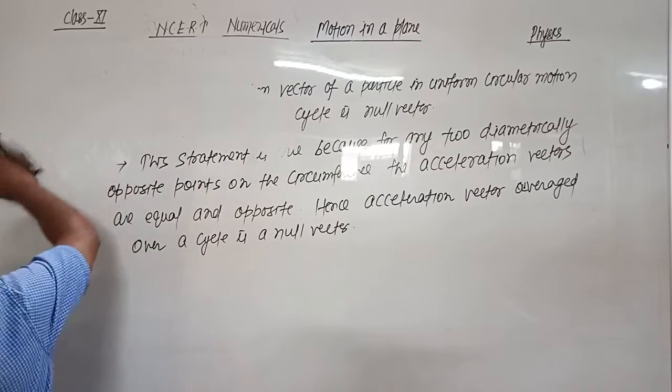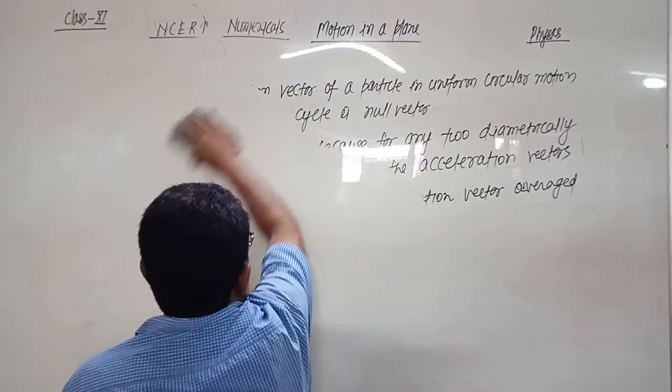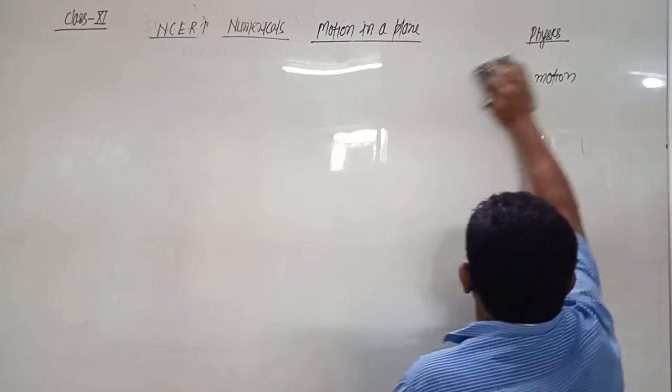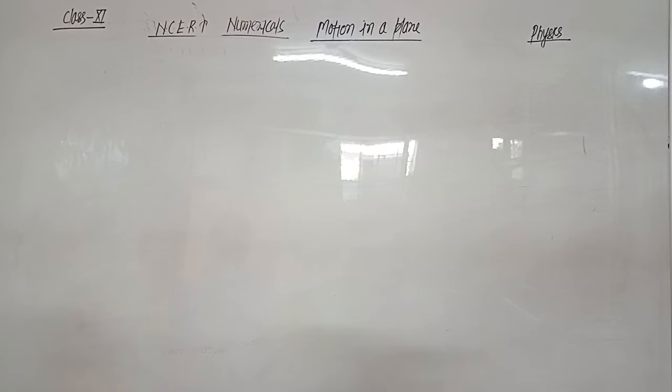So the first statement was false, and the second and third statements were true. Now the next question which we discuss is important, and this question is 4.20. Question number 4.20.